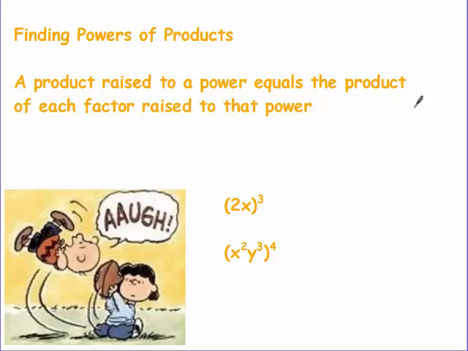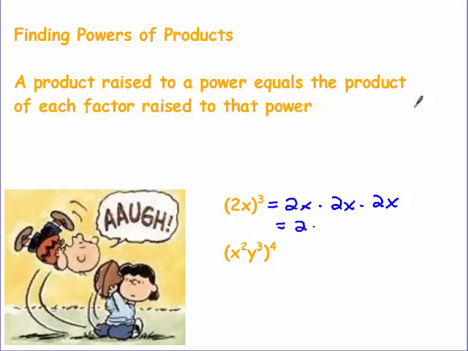Third rule, finding powers of products. A product raised to a power equals the power of each factor raised to that power. Well, for the first example, 2x to the third power is really 2x times 2x times 2x. Well, using my commutative property, can't I put all of my 2's together then all my x's?